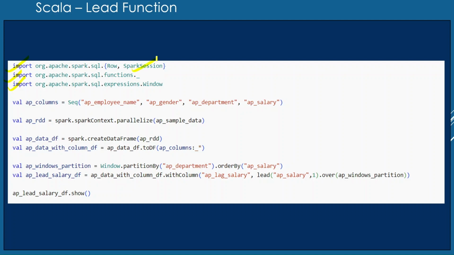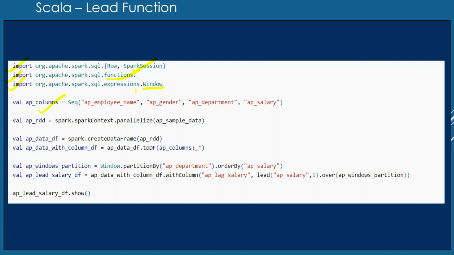Here I am importing Spark, and here I am importing all the functions. Although we need only the lead function, to demonstrate, I have written this code, with which you can import all the functions present in this package, and we are also importing Window.